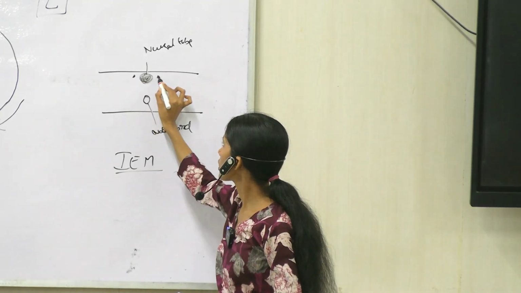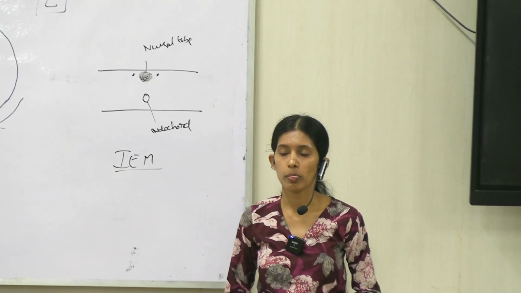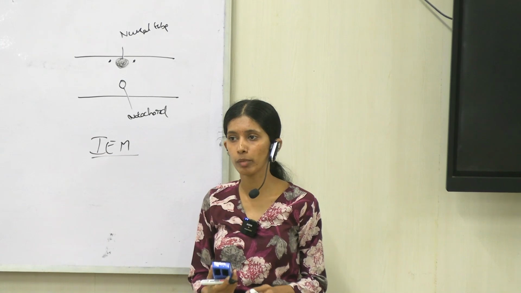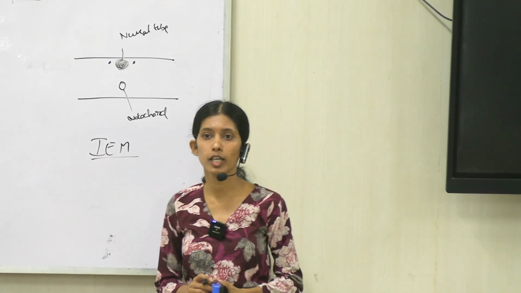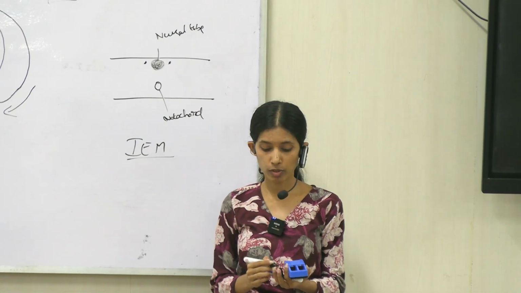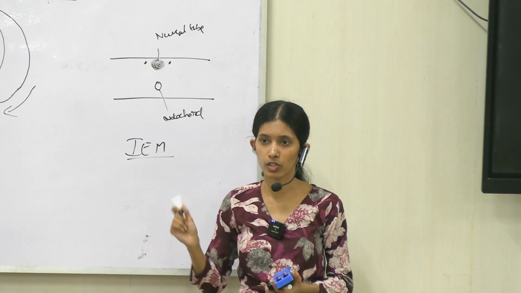Okay. What are the other structures we see in the intraembryonic mesoderm region? Or what are the parts of intraembryonic mesoderm? How many parts are there? Before discussing the development of urogenital system, I have mentioned about this.